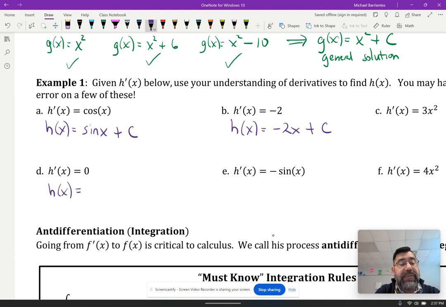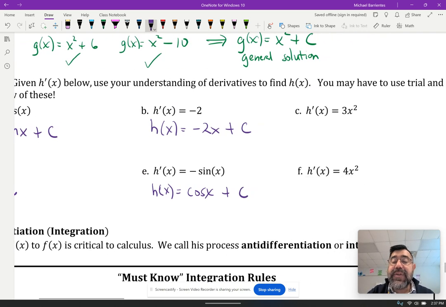So what would the original function have to be so that its derivative is equal to 0? The derivative of what is equal to 0? For this one, we know that it's just any constant. The derivative of any constant is equal to 0. And then over here, the original function whose derivative is negative sine x would be cosine x plus c.